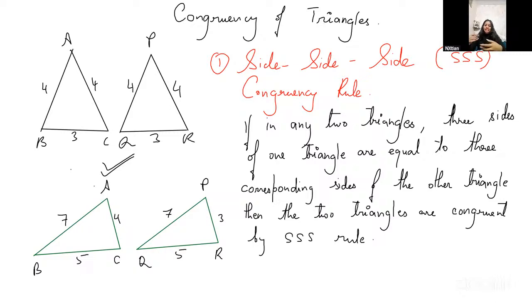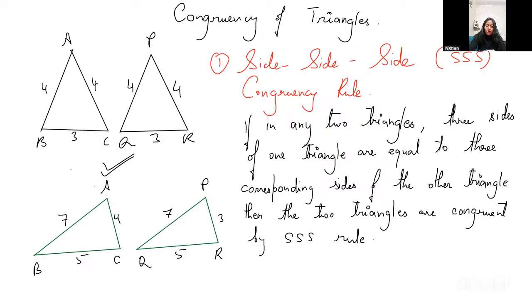We have three rules and more. For right triangles, we have a different rule. For normal triangles, we have SSS, side rule. Then we have SAS, side angle side rule, and ASA, angle side angle rule.